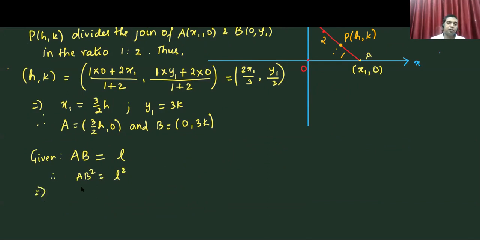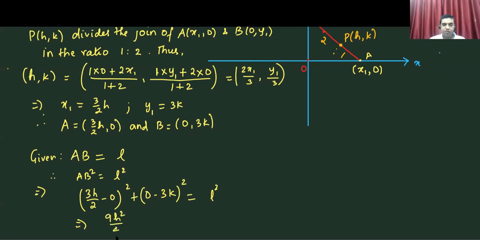Applying the distance formula, (3h by 2 minus 0) whole square plus (0 minus 3k) whole square is equal to L square. So we get 9h square by 4 plus 9k square is equal to L square.